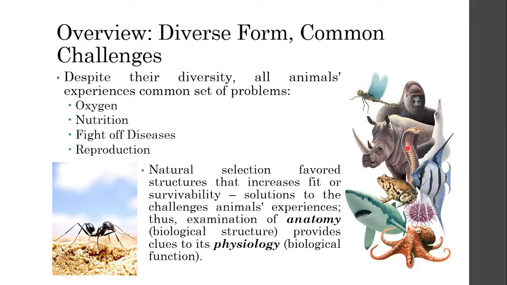So, in order for us to identify why we were able to evolve this way, looking at the anatomical structure of a lot of our species provides a clue on how this anatomy provides a certain function for us to survive.